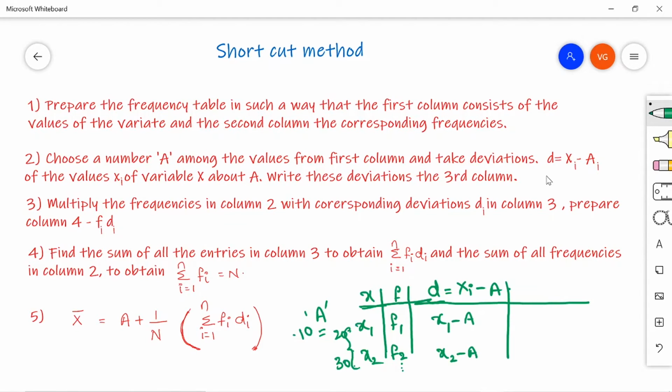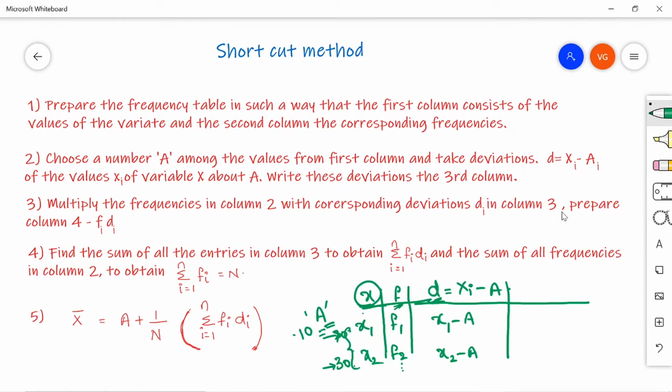Then the fourth column will be the frequencies in column 2 multiplied by the corresponding deviation in column 3. Prepare the fourth column. Instead of multiplying xi fi, we are multiplying here the deviation and the frequency. That is, we have reduced the value of x by a in every row.